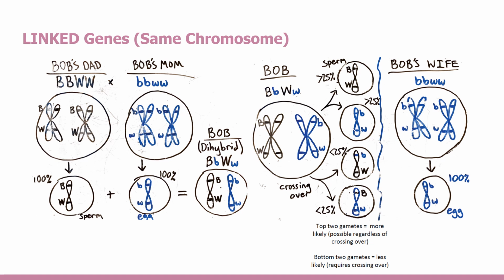Whereas if the genes are linked, meaning they're on the same chromosome, again, the percentage of having the parental phenotypes will be much higher, higher than 25%, than the recombinant phenotypes. Okay? And those should occur at less than 25%.